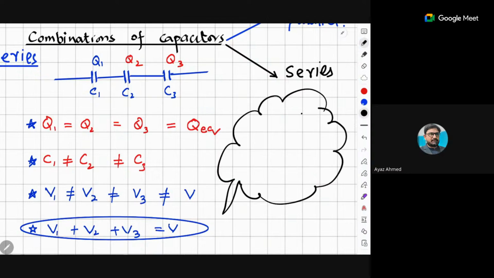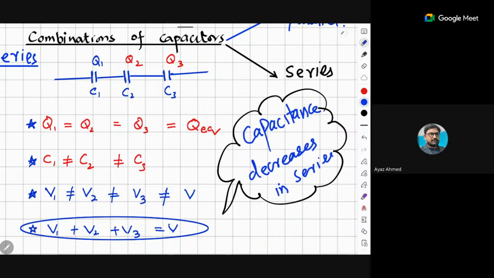That is why I made a pop-up here: capacitance decreases as capacitors are connected in series. It means that when you add more and more capacitors in series, the equivalent capacitance will decrease. You got this point?